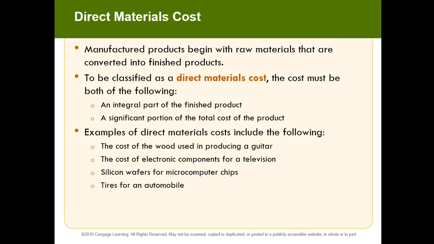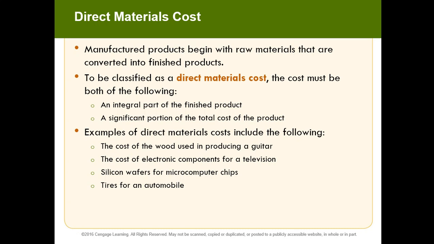Manufacturers have three different types of inventory. The first one is their raw materials inventory. Those raw materials are where you're going to be pulling your product or your pieces from and turning them into finished goods.